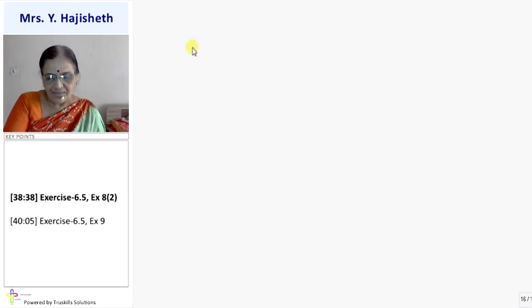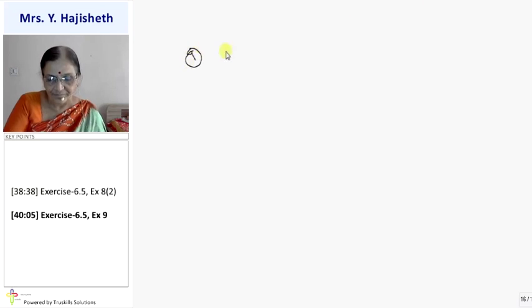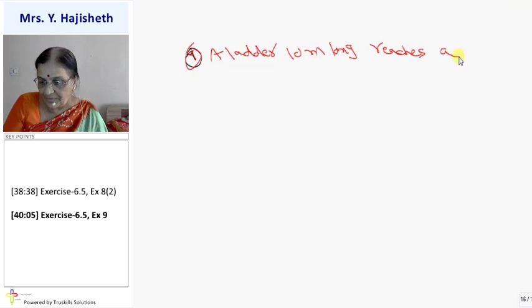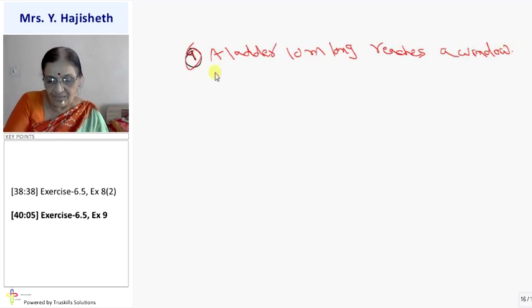Now, sum number 9. A ladder 10 meter long reaches a window 8 meter above the ground.